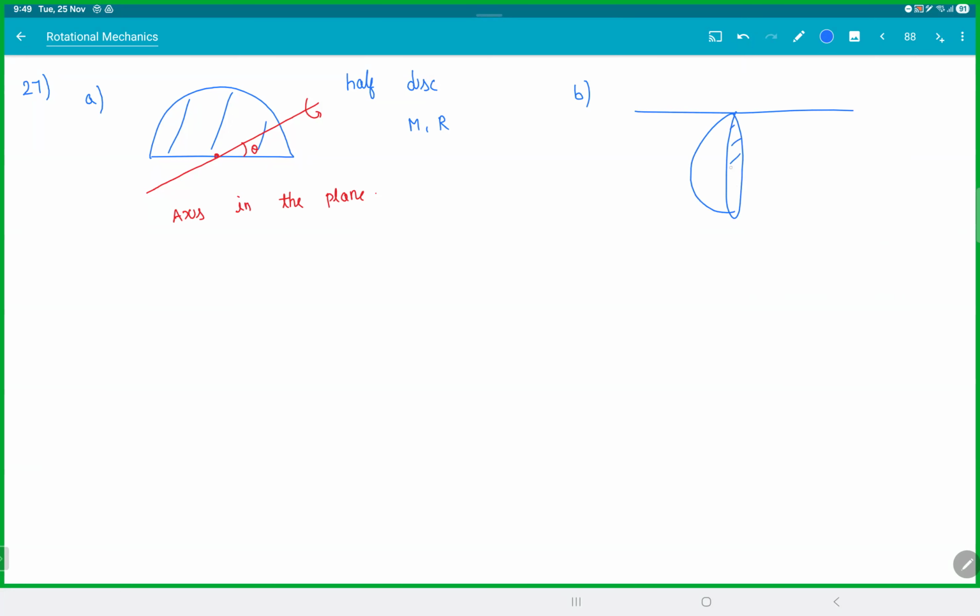Solid hemisphere, half of it. Mass m, radius r, solid hemisphere. Find I.